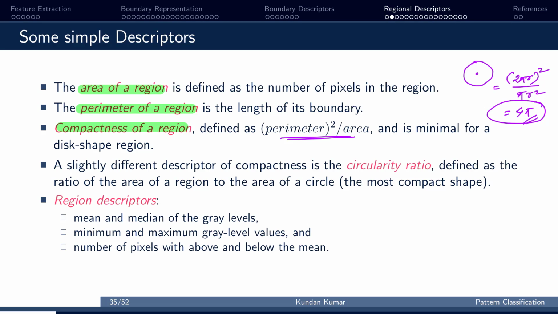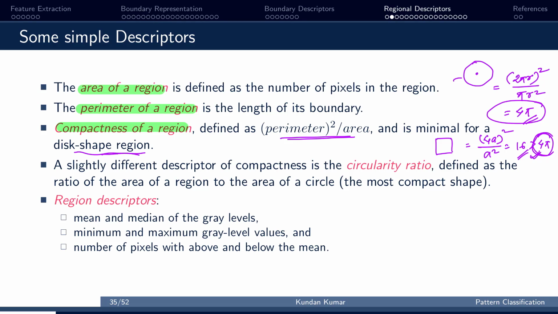Similarly, we can compute the compactness of other shapes. Suppose we have a square of side a; then the perimeter square is 16 a square, divided by area a square, so it will be 16. Here you can notice that 4 pi is less than 16, so as I told you, the compactness of region for a circle or disk is minimum.